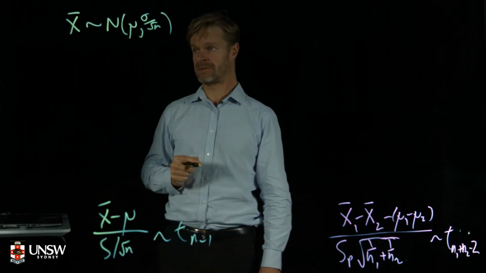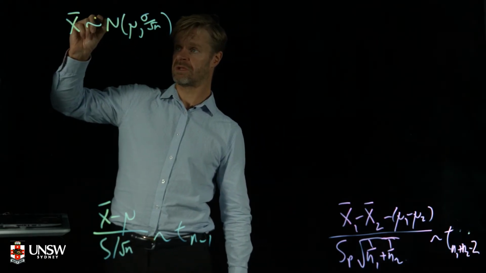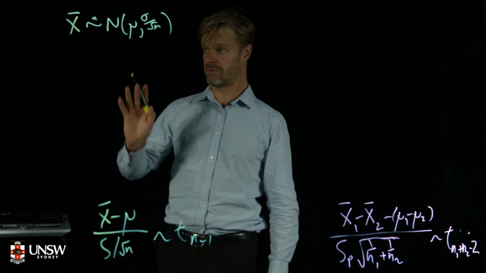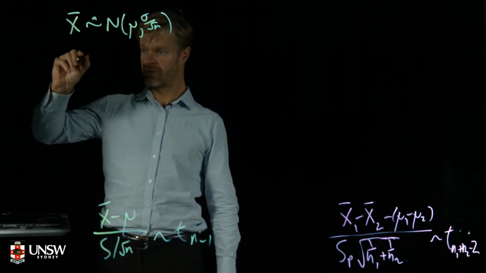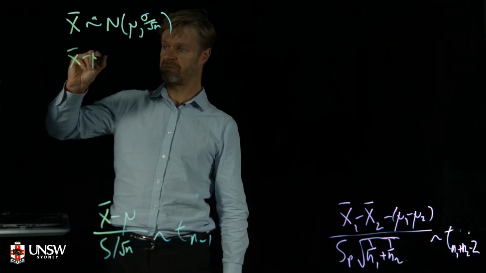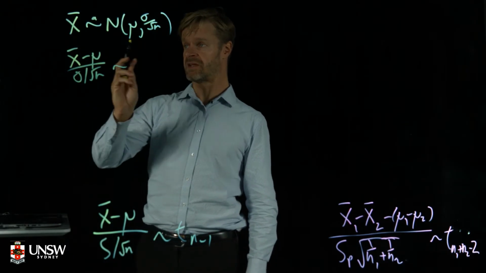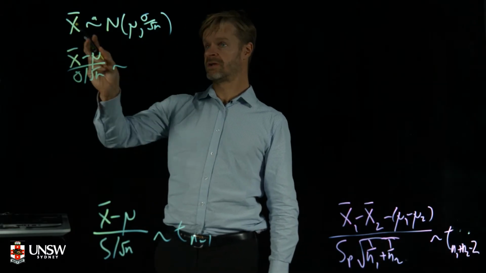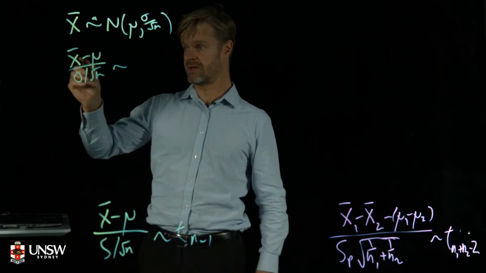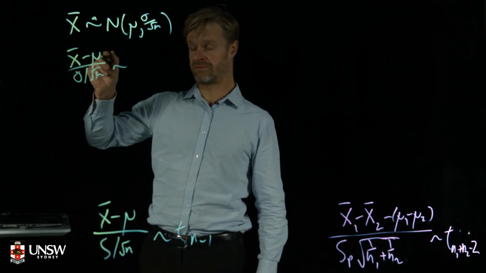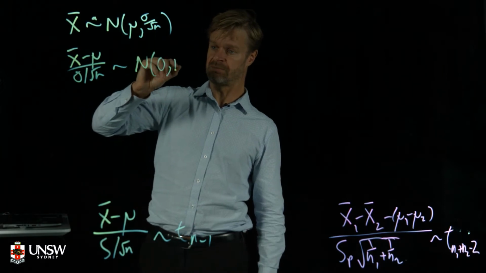We started there, and this remains approximately true by the central limit theorem for data from any random variable. So x bar minus mu over sigma on root n, if we standardize, subtracting the true mean and dividing by the standard error, gives a statistic that tells us how many standard errors our data are away from the true mean, and that has a standard normal distribution.